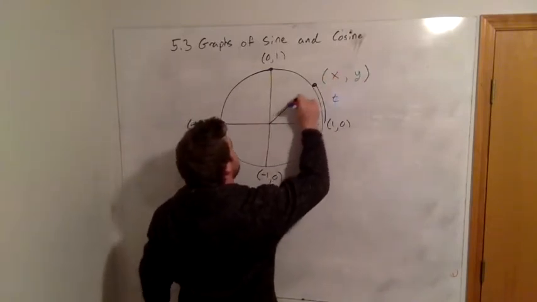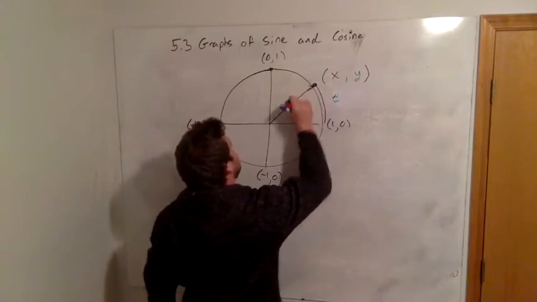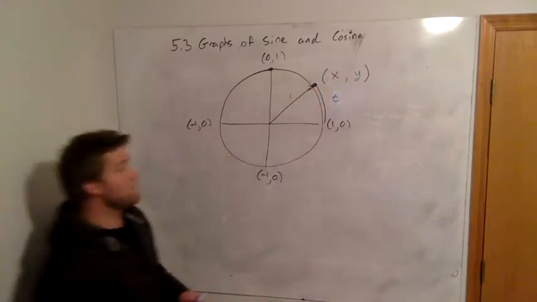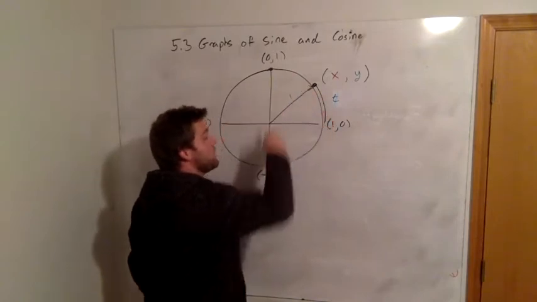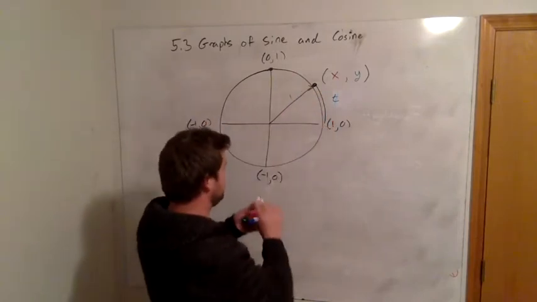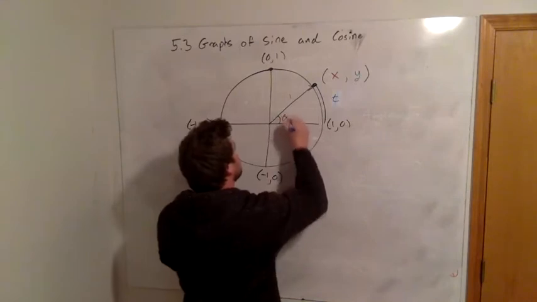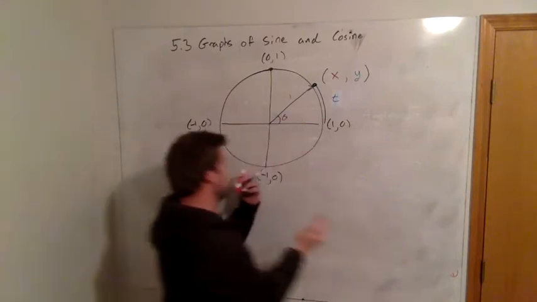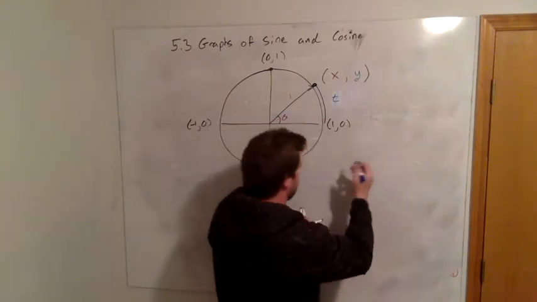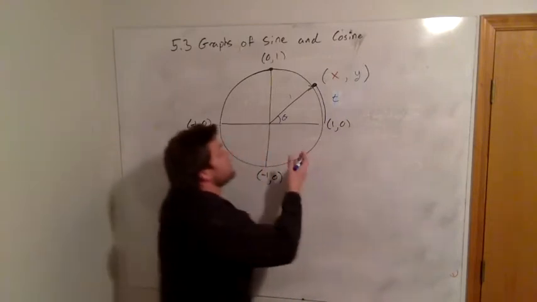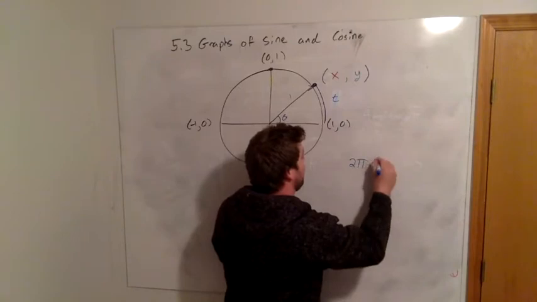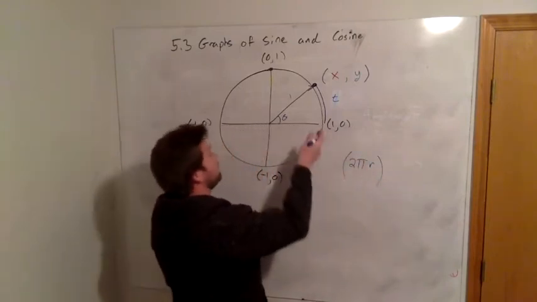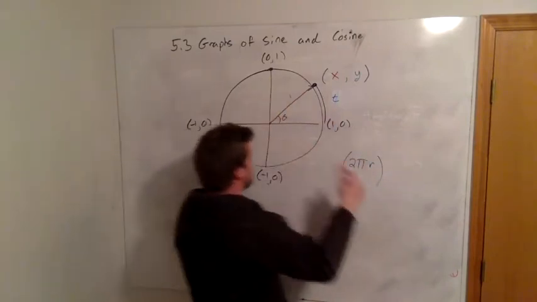If it hasn't already been clear, remember the formula for the arc length around a circle when we rotate an angle theta. If you forget it, the entire length of a circle is 2 pi r, but I just want a fraction of the whole circumference.